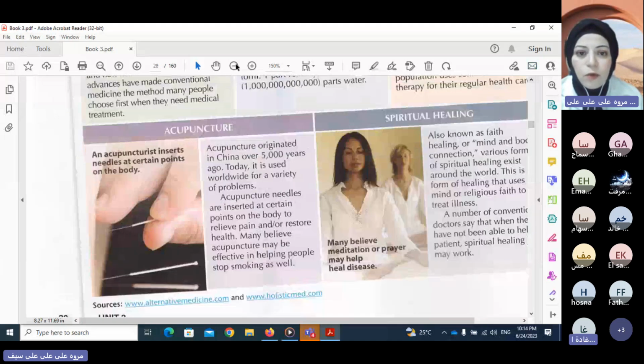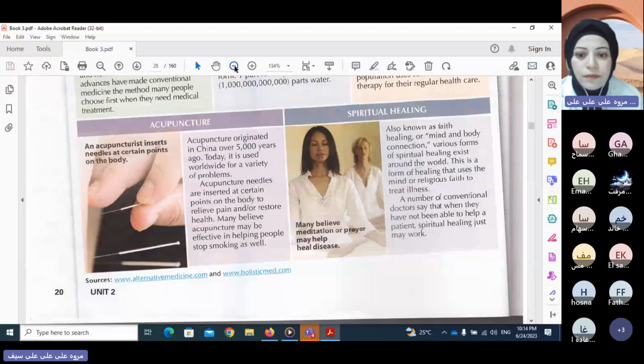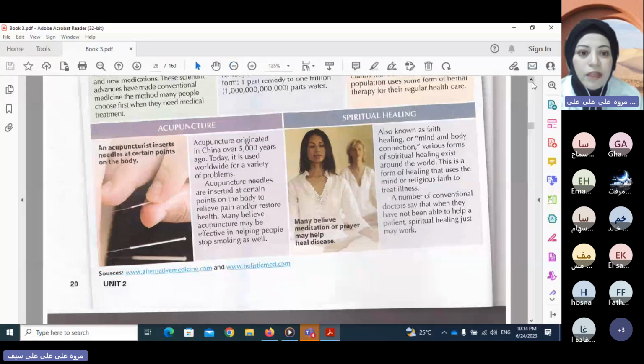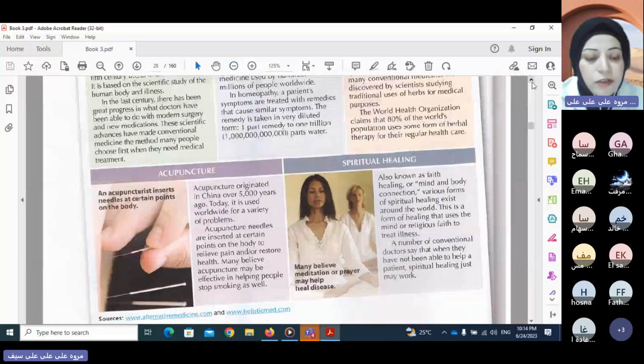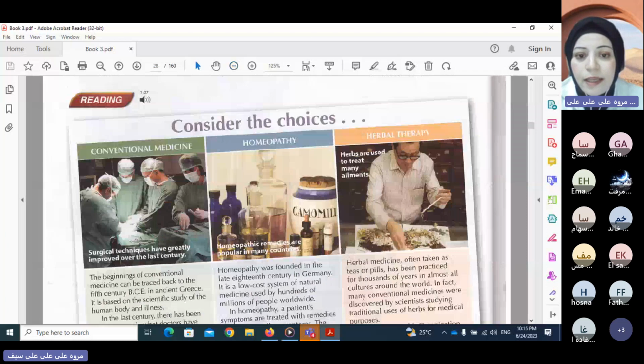Make it smaller, but have a look at some kinds of medication, treatments. Okay, we have here the conventional medicine, referring to surgery, surgical techniques, and the homeopathy (طب البديل). Some people believe it's like vaccines, as our colleague said.